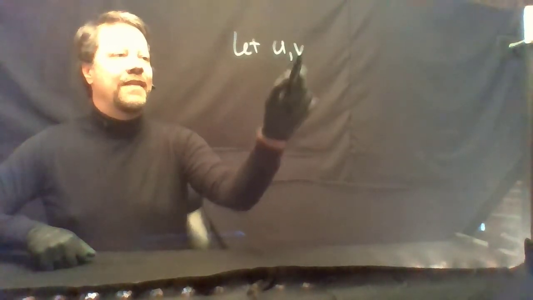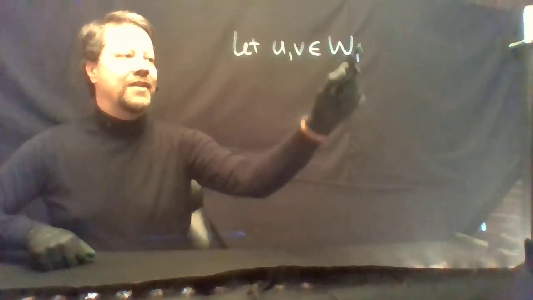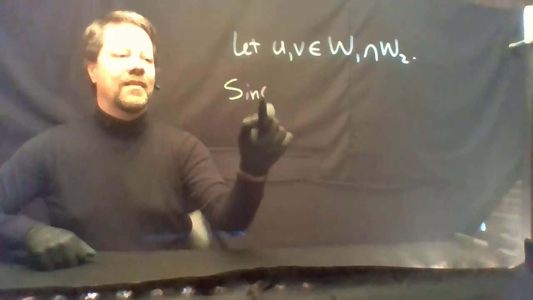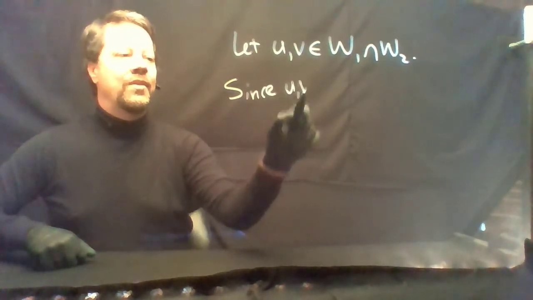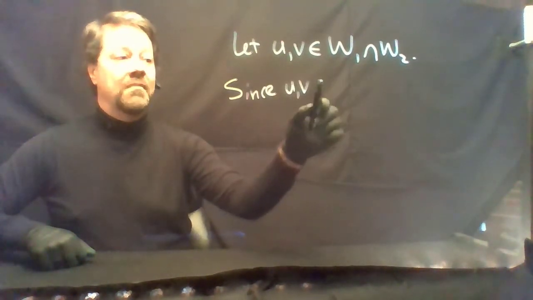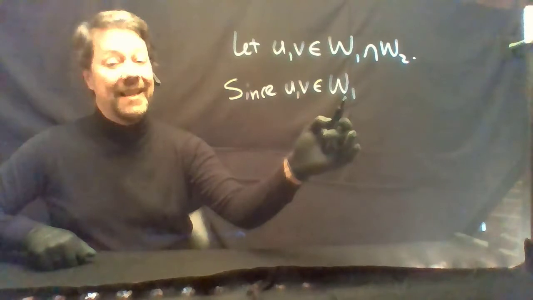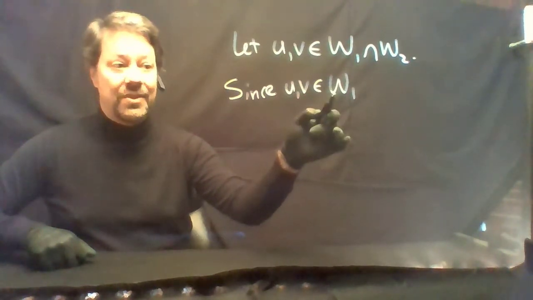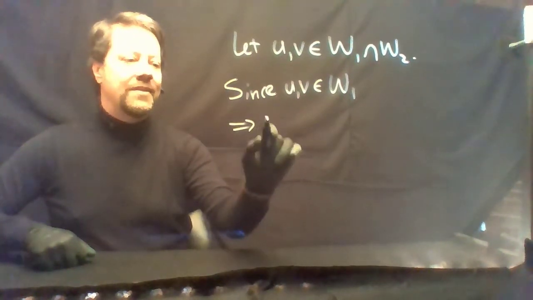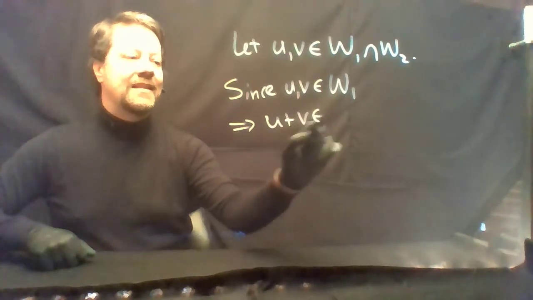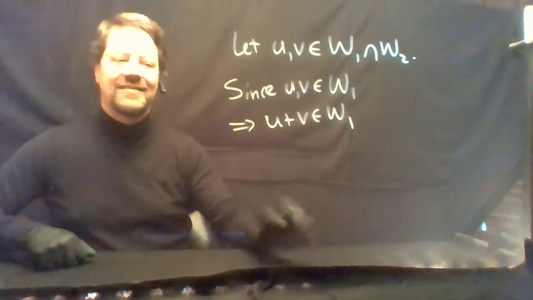Let U and V be elements of the intersection. Since U and V are in the intersection, that means they have to be in both. So they're both in W1. And since W1 is a subspace, it is closed under addition. That implies U plus V is an element of W1.